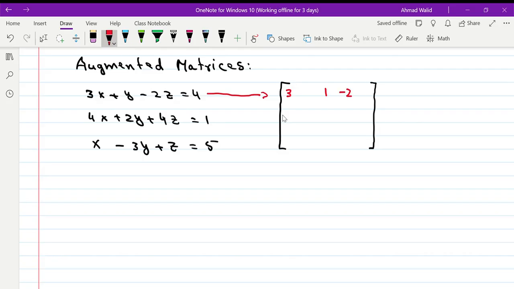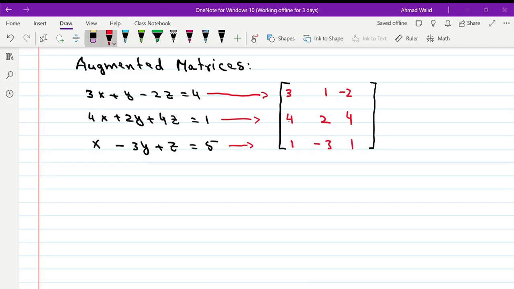Be careful to not lose a sign when you copy the coefficients. Equation number 2, the coefficients are 4, 2, and 4. Equation number 3, the coefficients are 1, -3, and 1.